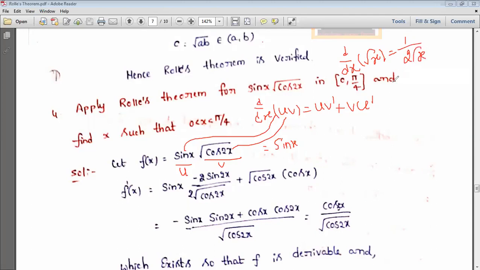In place of x we have cos 2x, so we apply that formula: 1 by 2 square root of cos 2x into the derivative of cos 2x. The derivative of cos 2x is minus sin 2x, and the derivative of 2x is 2.